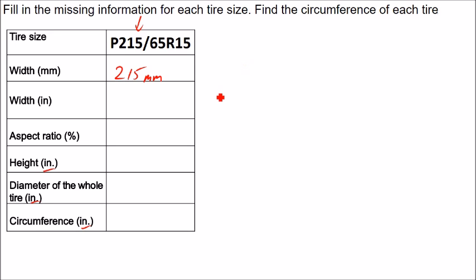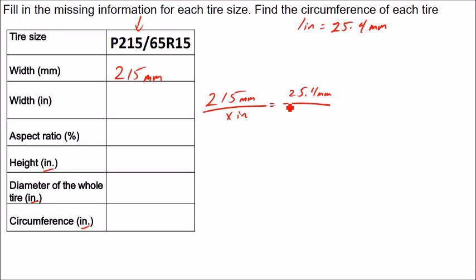To do that, I'm going to take the 215 millimeters. I want to know how many inches that is, and I'm going to use my conversion ratio of 1 inch is 25.4 millimeters. All right, so over here I'm going to plug that in. I've got 25.4 millimeters.